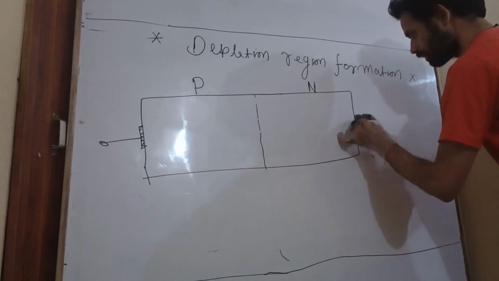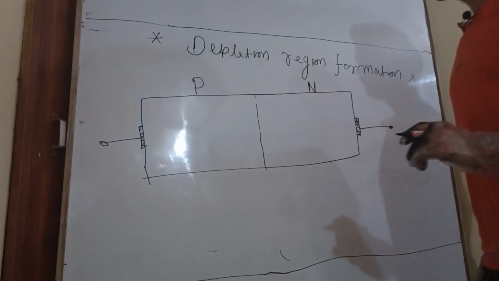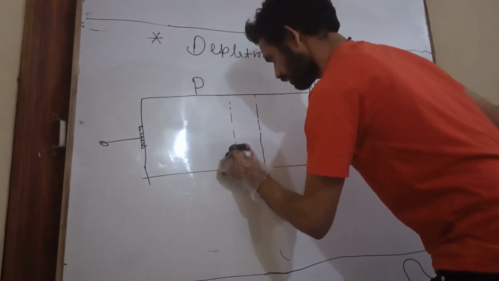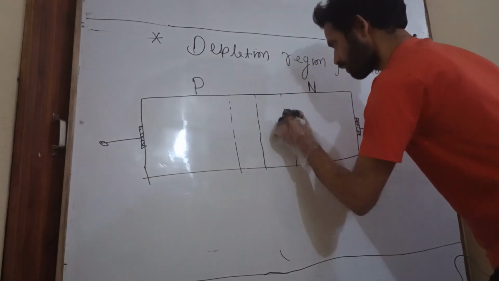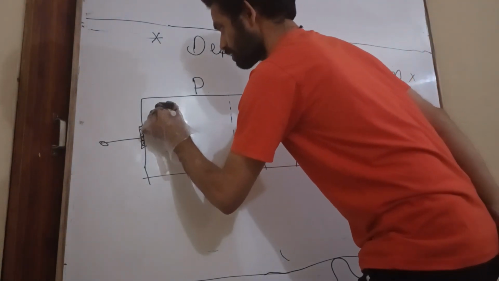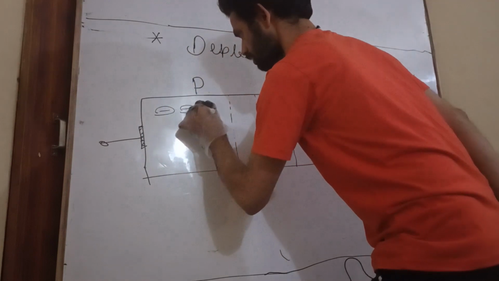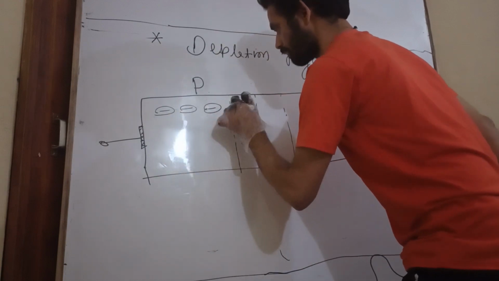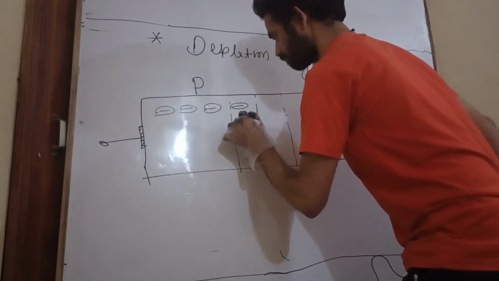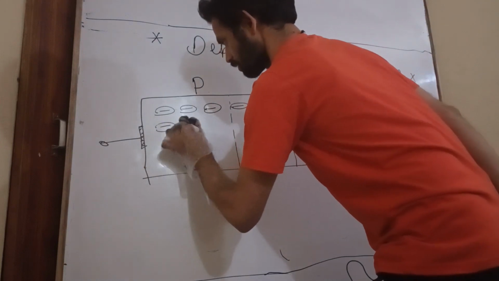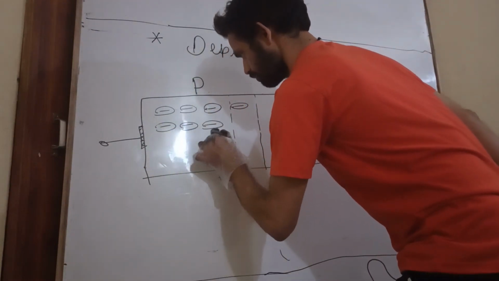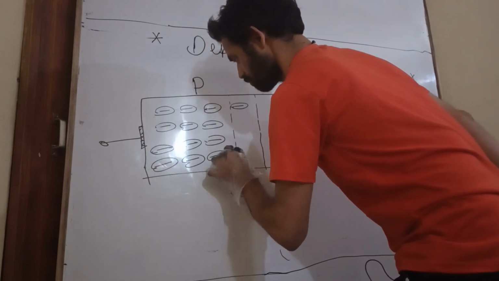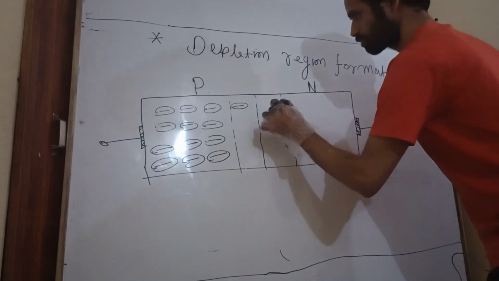For better understanding, I am denoting these as my negative charges, the bound negative charges associated with acceptor atoms.